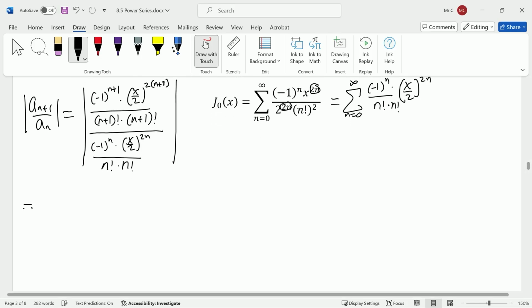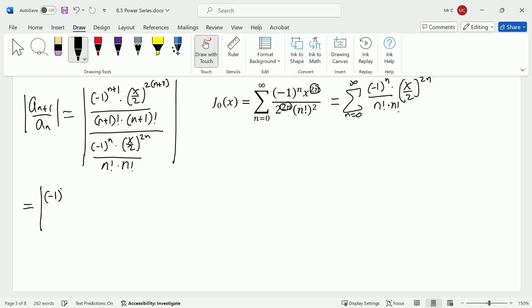Sounds a little bit of a mess, but that's okay. We're going to simplify it a little bit further, and we're also going to change this from division to multiplying by the reciprocal. The first thing I'm going to do is distribute that 2 times the n plus 1 and get 2n plus 2.